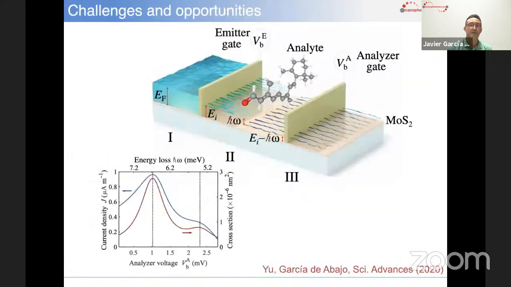Okay, with this, I think I'm giving you a panorama of the different areas in which free electrons and electrons in general are used, how they are used to probe optical excitations.